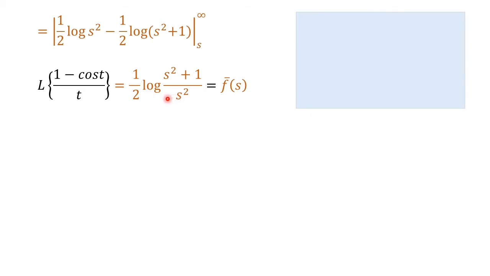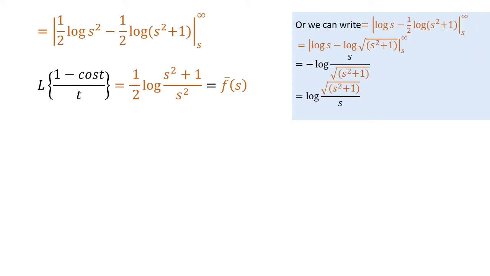The same expression can be represented as log s minus half log of s square plus 1. Again we are using the property of log. So m log n is log n to the power m, so it will convert into half power, and we write this expression.